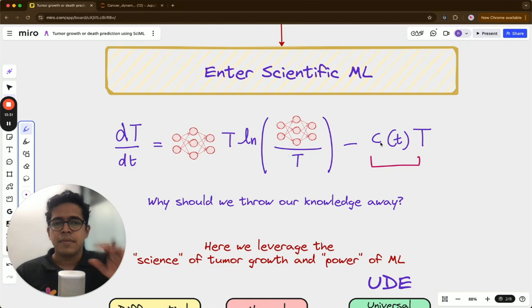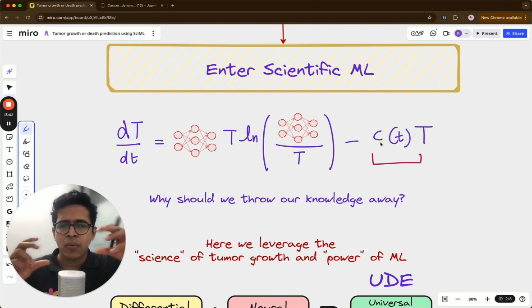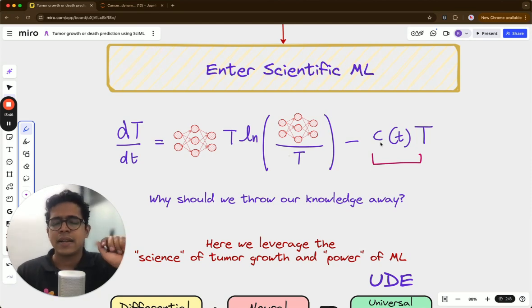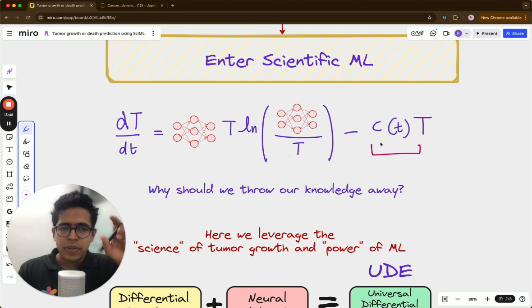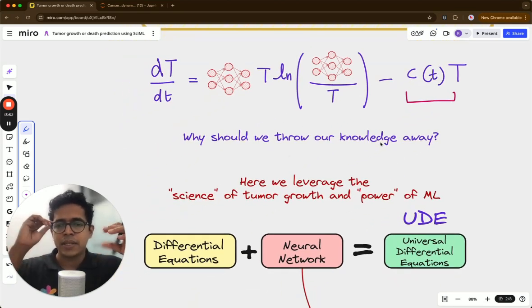With this kind of a model, I'm going to explain what I mean by replacing, because you might be wondering what it means when you have a differential equation plus a neural network together, and what exactly is being replaced. I can explain that in a moment. But this kind of a system, where you have a mix of neural network and ordinary differential equation or any differential equation, is called Universal Differential Equations, UDE.